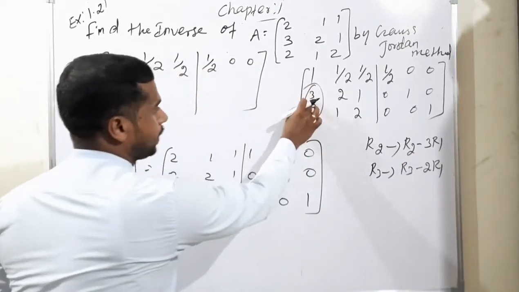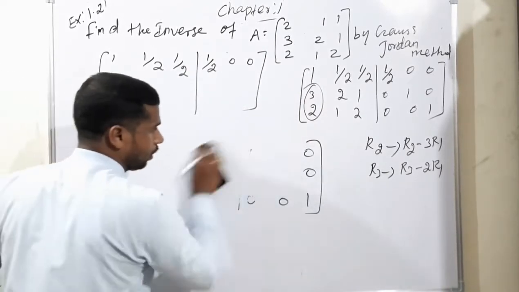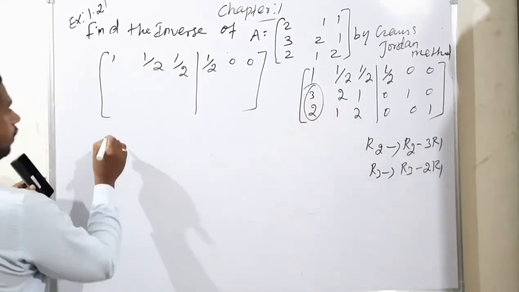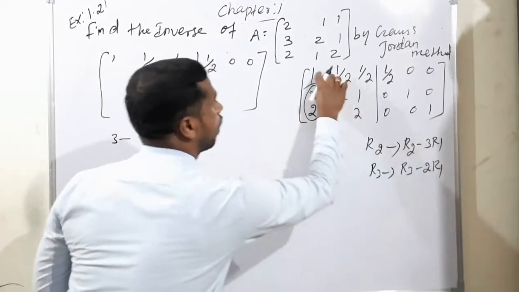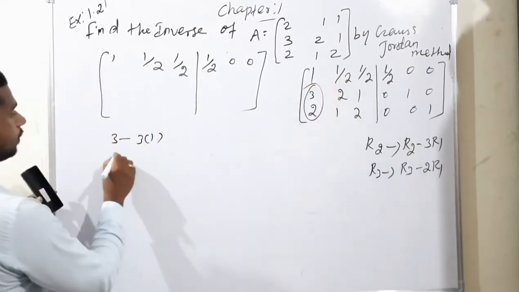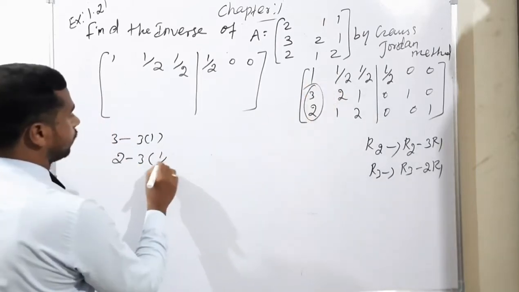So now R2 minus 3 into R1. Definitely 3 is there. What is the value of R2? R2 we have 3, 3 minus 3 into R1. Next condition, 2 minus 3 into 1 by 2, isn't it?